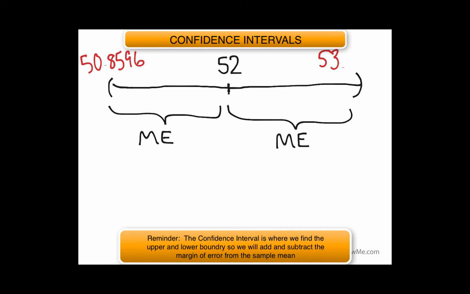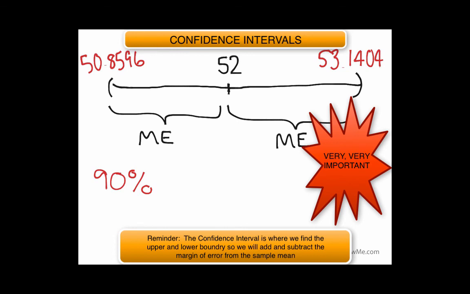What that tells you is, because this was a 90% confidence interval, if we take a sample of this size, n equals 1200, and construct a bunch of confidence intervals, we would expect 90% of them to contain the true average life expectancy.